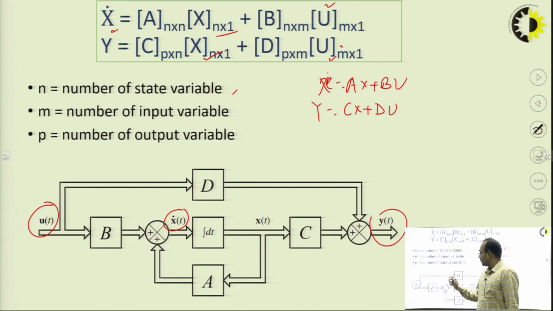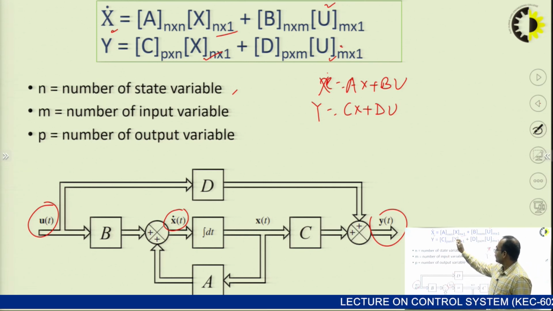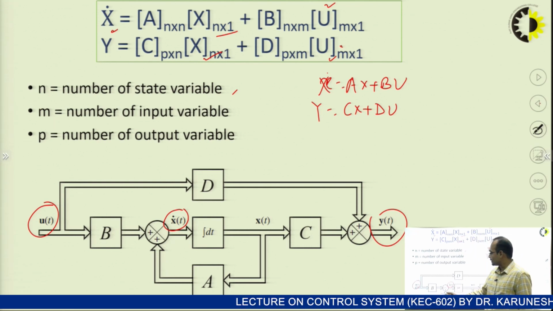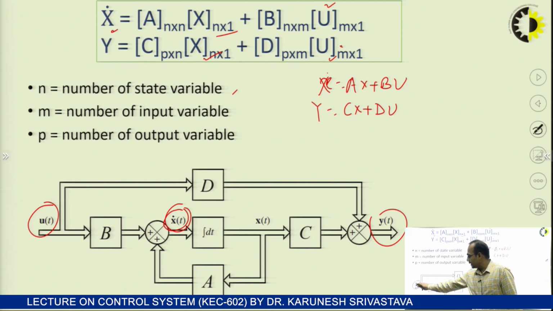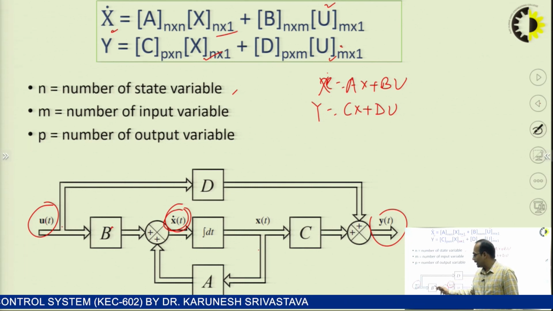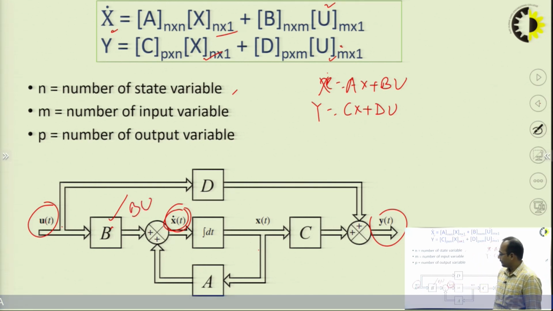So what is x? x is nothing but the state variable. What I want is x dot is equal to ax plus bu, where u is the input. By multiplying by the gain b, you can get bu as the output of this line.